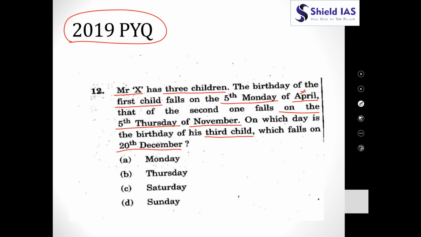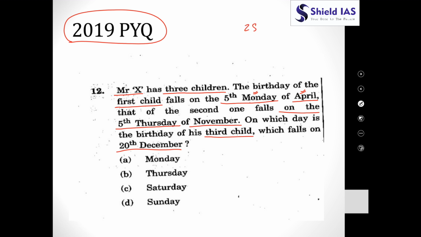So first you have to see that it is talking about the 5th Monday of April. Always note that in April, in the first 4 weeks, in every week there would be a Monday, right? So April would be having at least 4 Mondays.